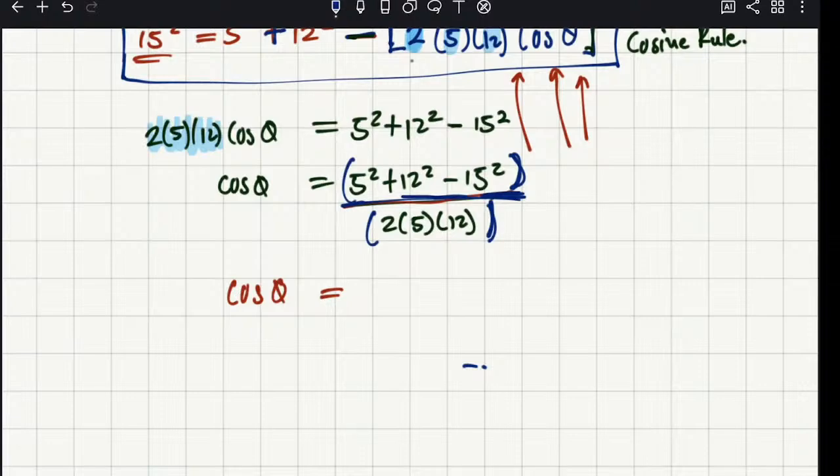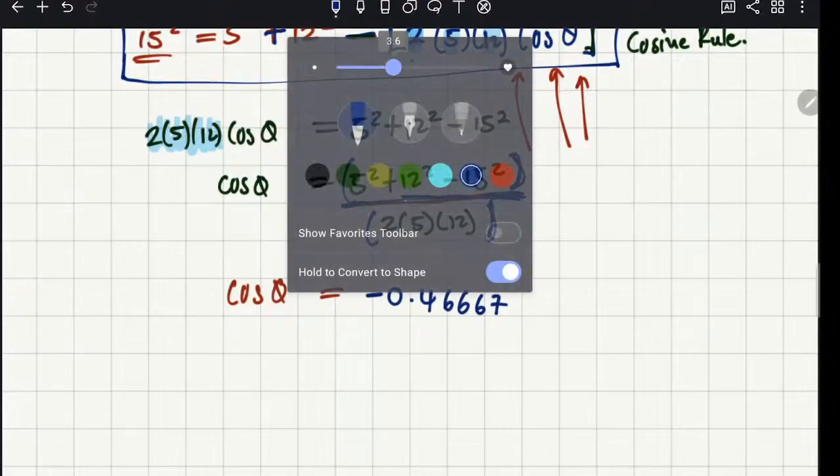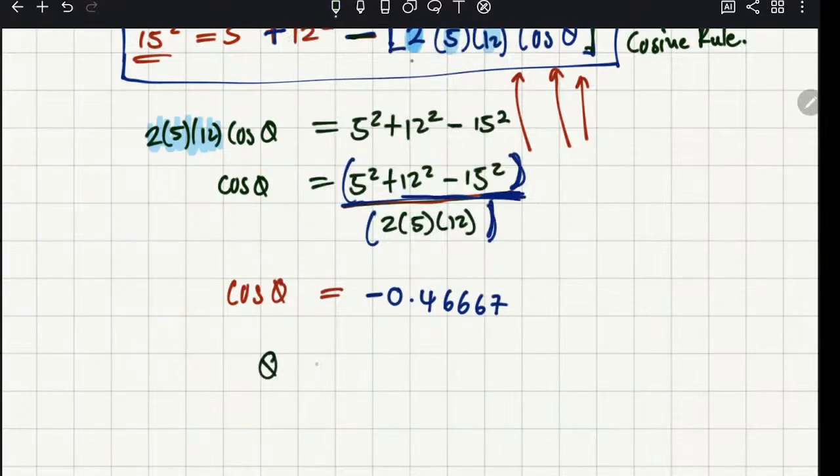Wow. So when you guys were saying 117.8, it was your final solution, not this. Okay. So theta will be cos inverse of negative 0.46667. What is the answer? Is that when you got 117.8 degrees?